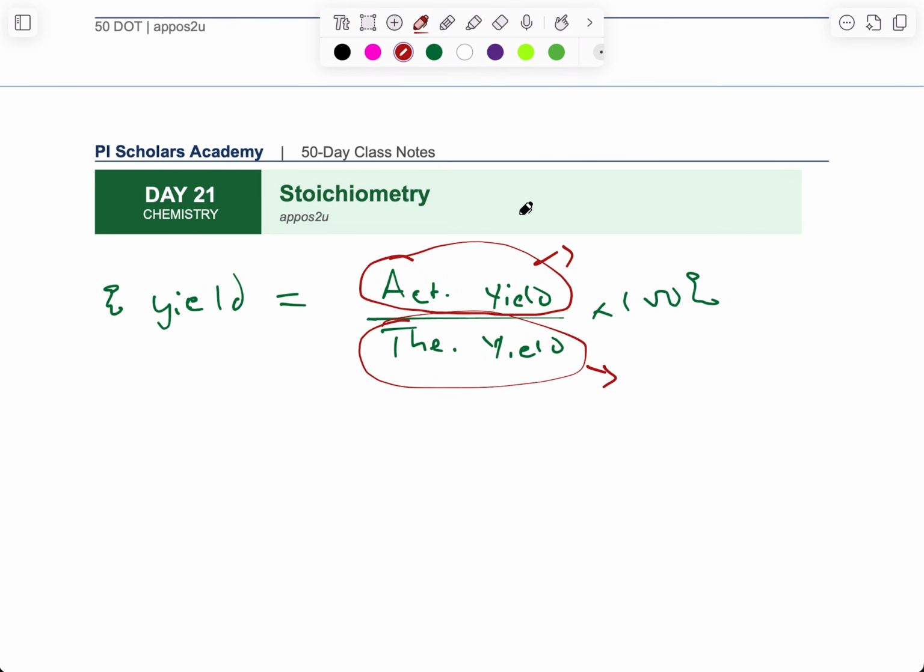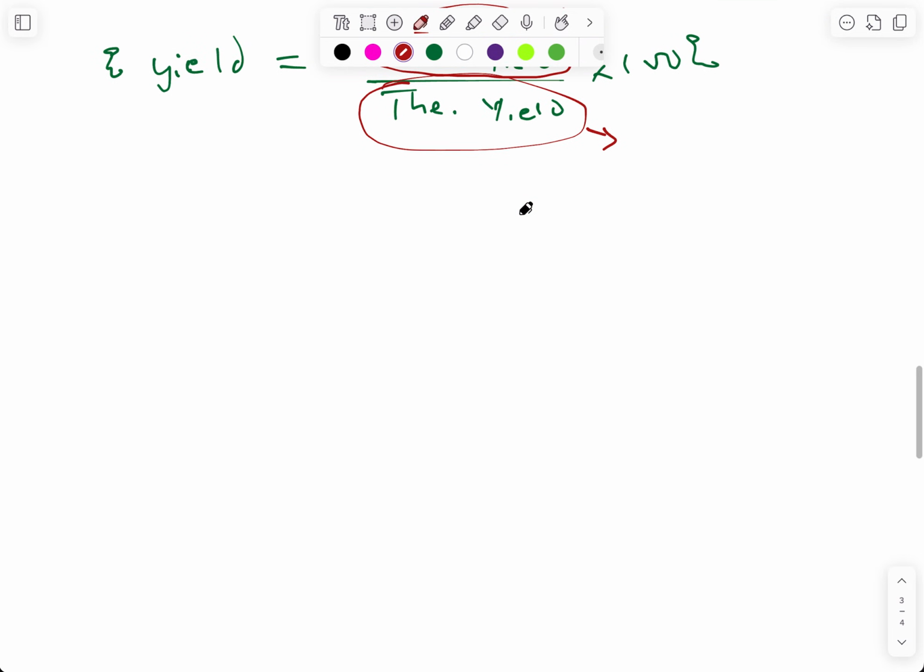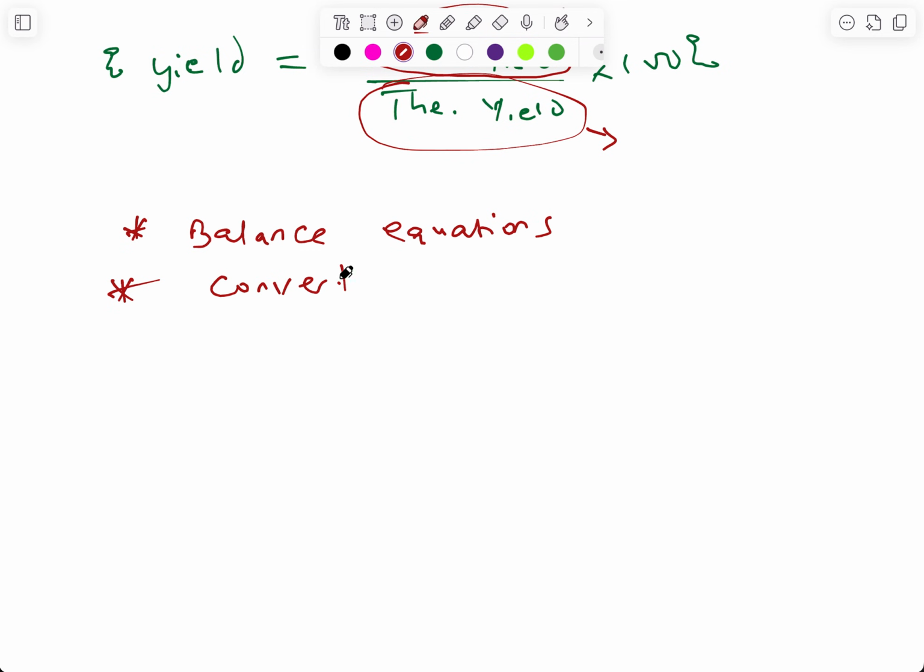So that's basically what stoichiometry is all about. The first thing to do whenever you want to do anything under stoichiometry is to balance the equation. Next is convert to moles, unless you are dealing with gases, then you can let it remain as volume.